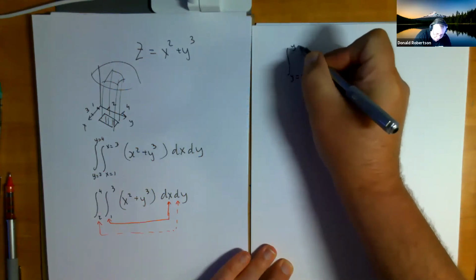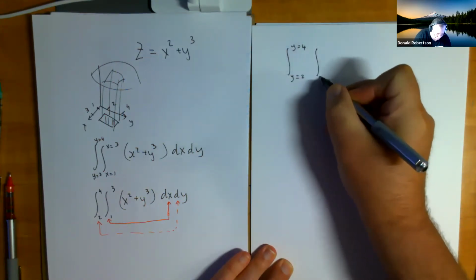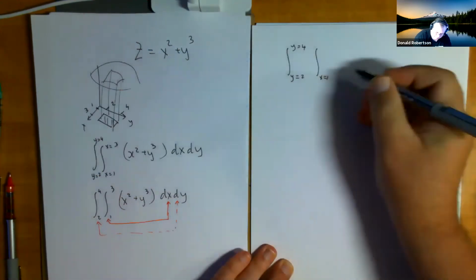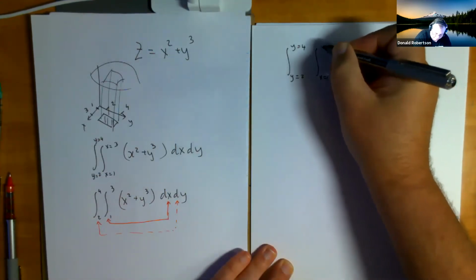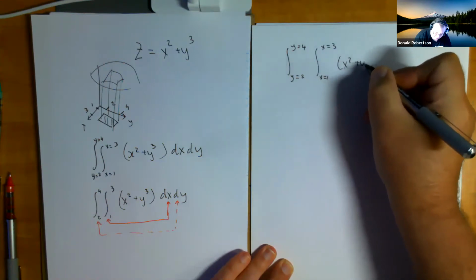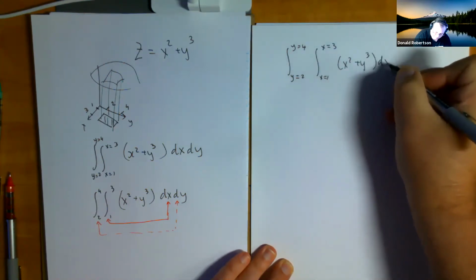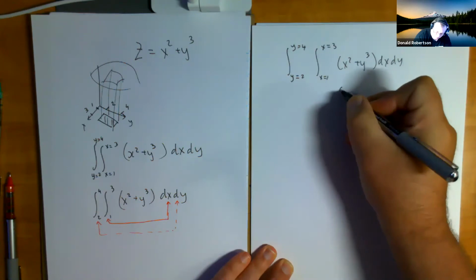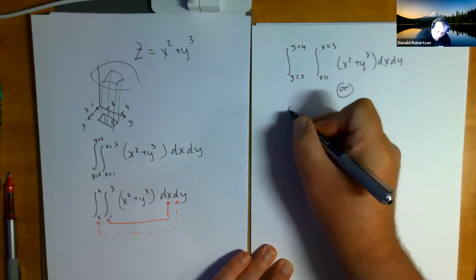There are two distinctly different ways in which you can evaluate this volume, this double integral. There's the one that I've just written down, or you can write this one down.